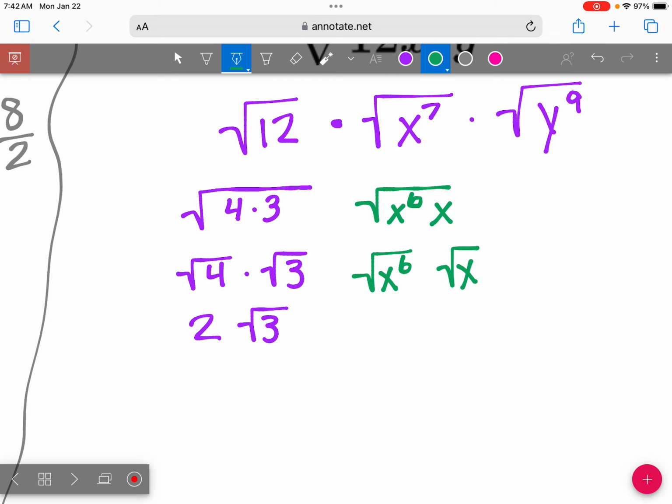We can't do the square root of x. What is the square root of x to the 6th? X to the 3rd. We're looking at this guy. So this gives us x to the 3rd times the square root of x.